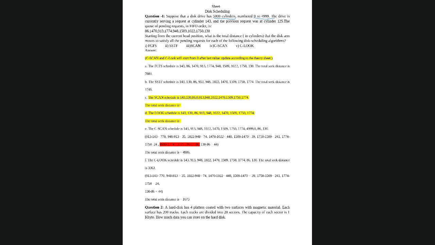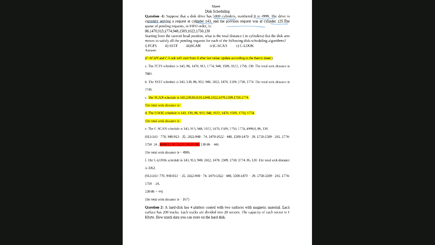And he has also given that currently a request is at the cylinder. So the current request is at 143 and the previous request was 125, which means the disk is moving from left to right.